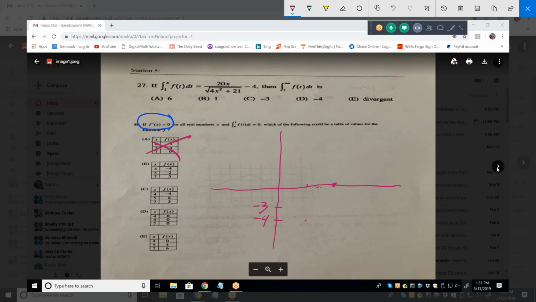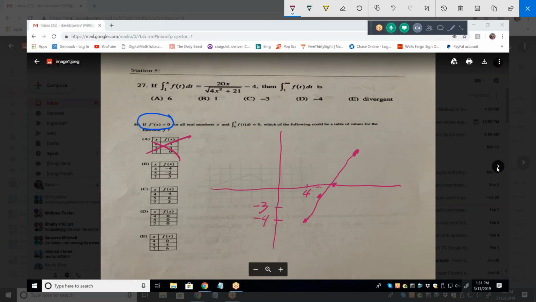Number 2, it says that when x is 4, again, minus 4. When x is 5, it's minus 2. And when x is 7, it's plus 5. So we have something like this.